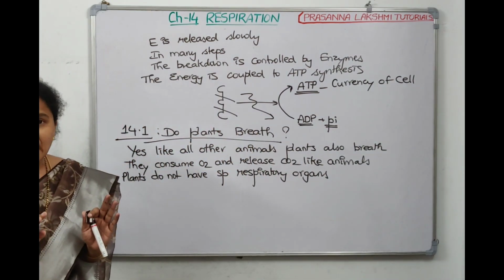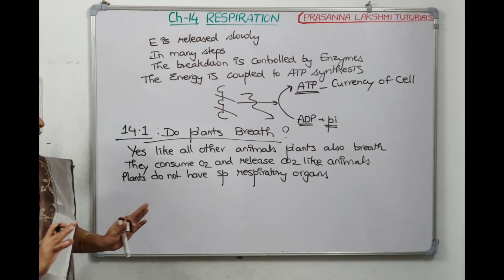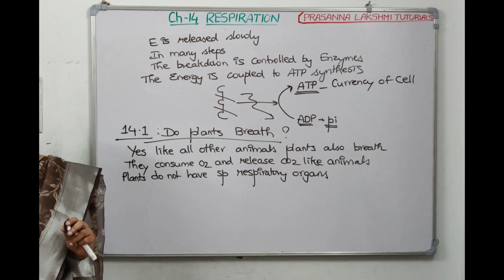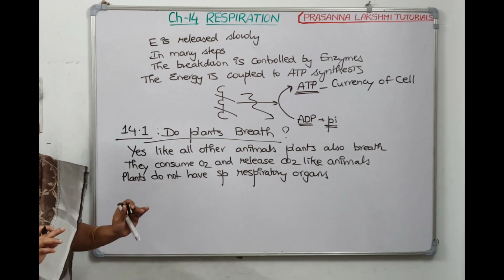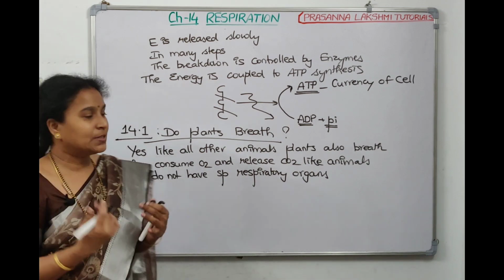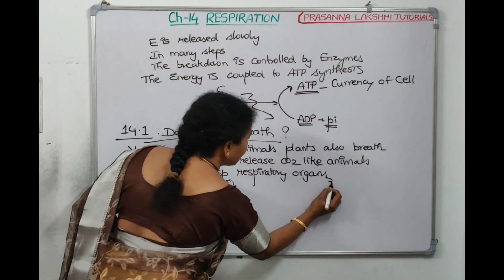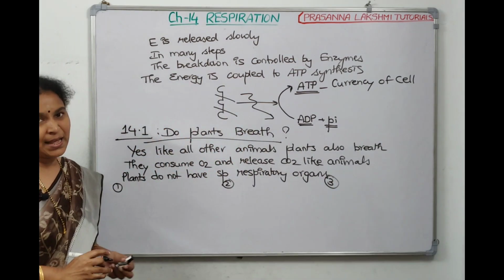And the author tells that plants can survive without respiratory organs because of 3 reasons. So plants are doing respiration, but they don't need respiratory organs. What are the explanations they have given? They have given 3 points. Let us see what they have given here.